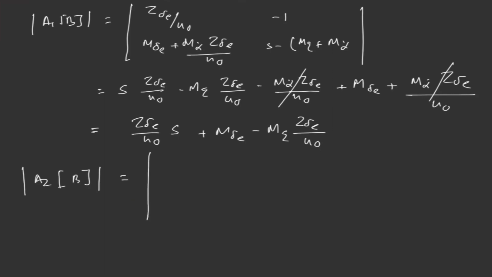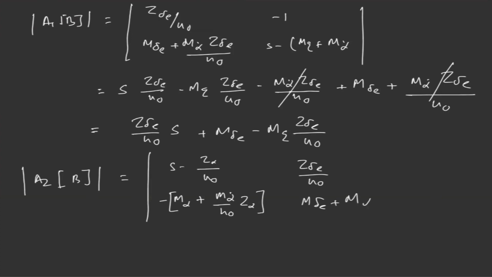Here we can form the matrix: S minus G alpha divided by U naught, G delta I divided by U naught, minus M alpha plus M alpha dot, U naught, G alpha, M delta I plus M alpha dot G delta I divided by U naught.